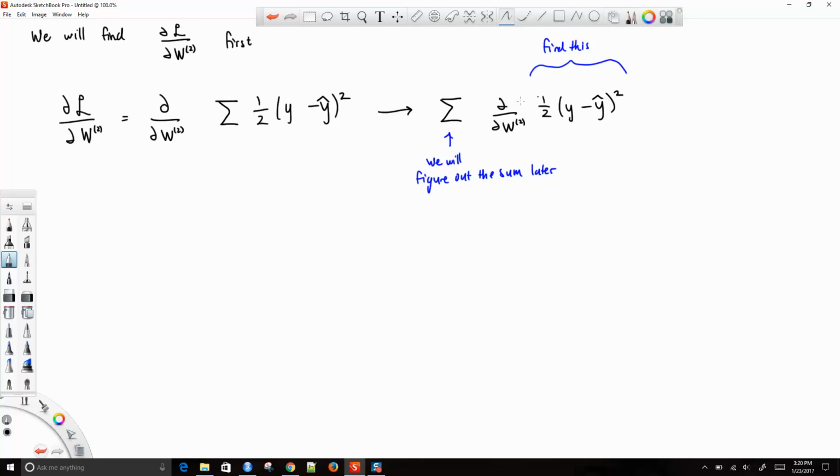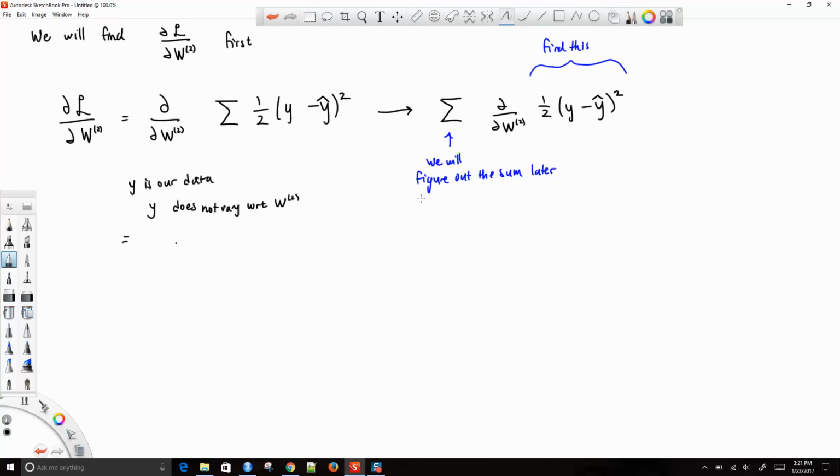Okay, so if we think about how these things vary with respect to W, y does not vary. y is the output, the y values in our data. So y is our data and does not vary with respect to W2, so we don't have to worry about that.